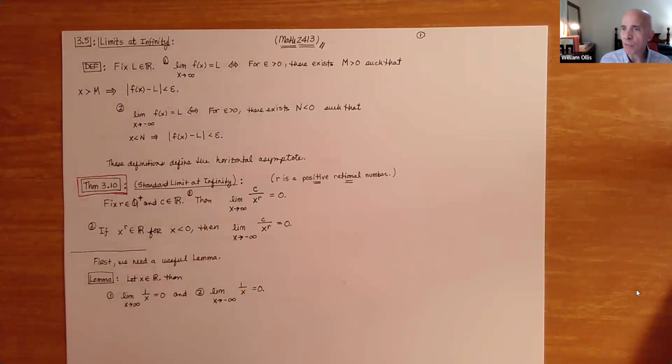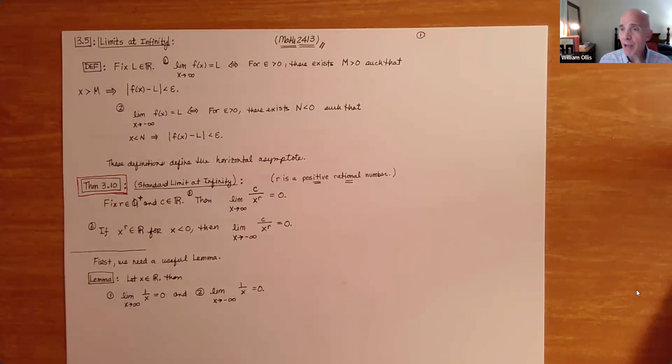And intuitively, what that would mean is that the numerator is fixed, the denominator is becoming arbitrarily large, or arbitrarily large in a negative sense, and the function itself, 1 over x, converges to 0 in the first case from above, and in the second case from below.